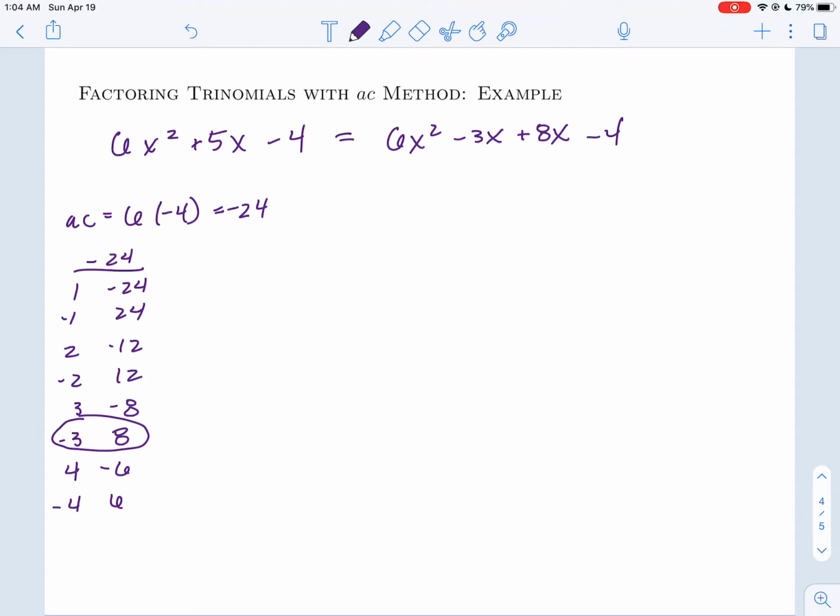Okay, so now let's go ahead and take these first 2 terms, group them together. I can pull out a 3x from there, be left with 2x minus 1. In these second 2 terms, I could take out a 4. I'll be left with 2x minus 1 again. And then I can pull out that 2x minus 1, and I'll be left with a 3x plus 4 times a 2x minus 1.